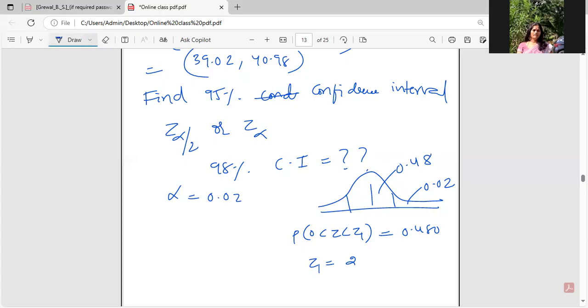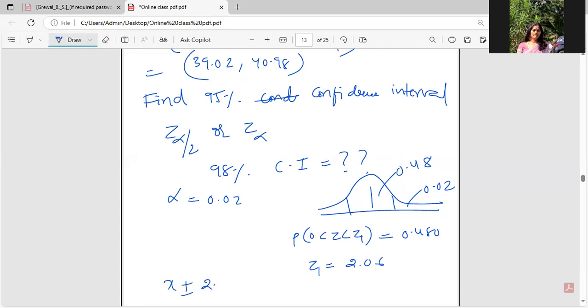So accordingly, I'll go for 2.06. So how I'll calculate: x bar plus or minus 2.06 sigma by root n for the previous problem. That is my confidence interval. Mod I can remove because I have put plus or minus. If I put mod, then it'll be only plus.